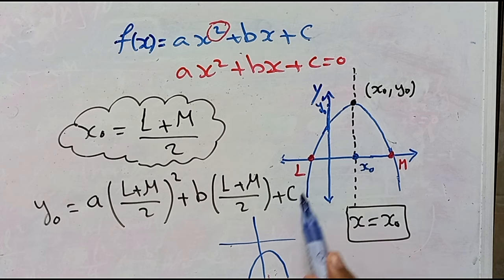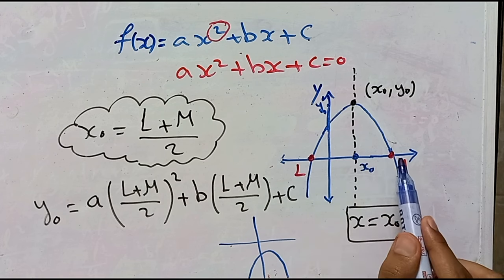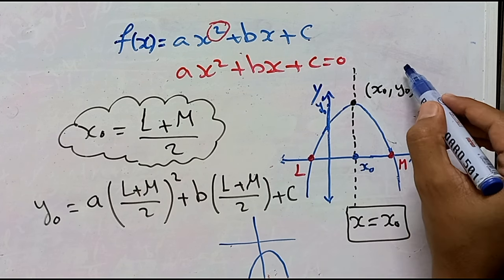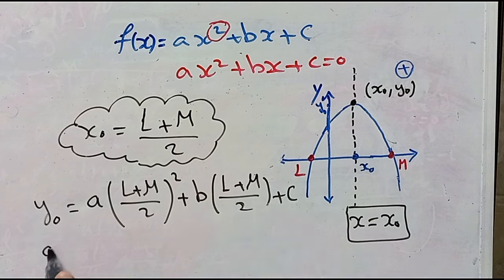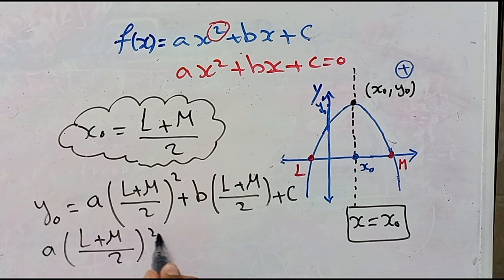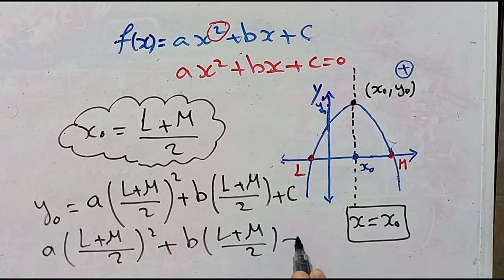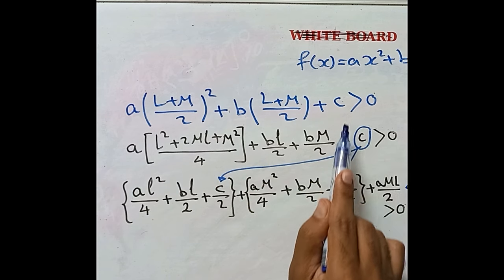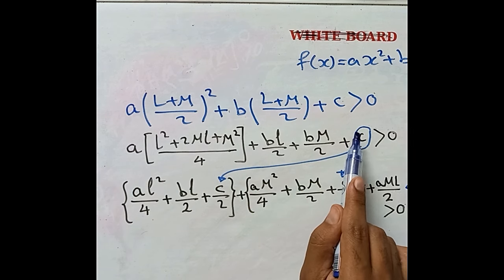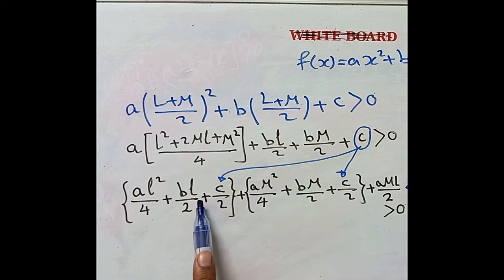So because the curve intersects with the x-axis, y should be a positive number. So here you have a times ((L plus M) over 2) power 2 plus b times (L plus M) over 2 plus c bigger than 0.